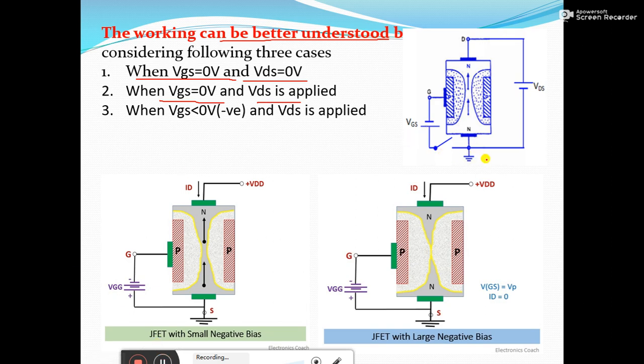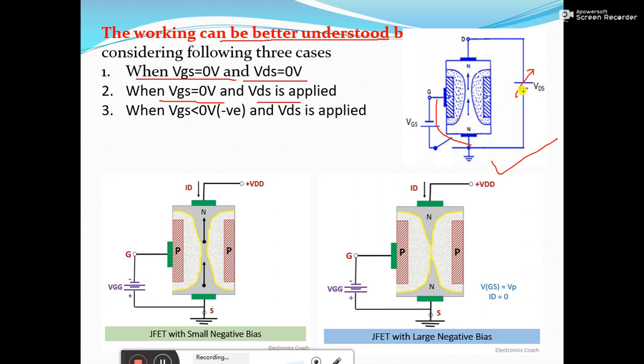The same diagram is shown here. Here you can see there is no connection between the gate and source, or you can say 0 volt is applied. These two are simply shorted without any potential source, and since we are applying only VDS, you can see the depletion region formed protrudes more towards the drain rather than towards the source.